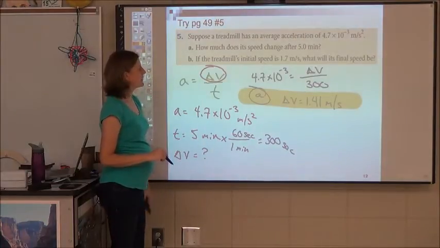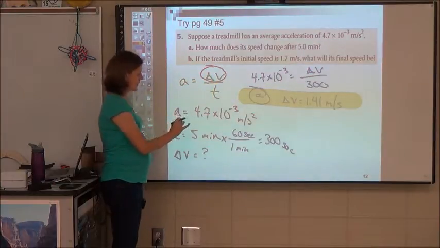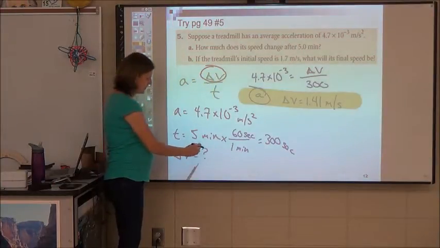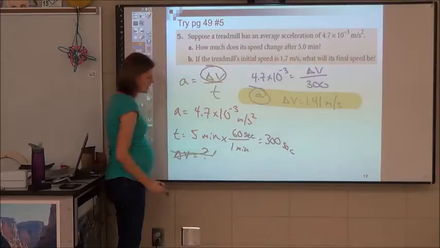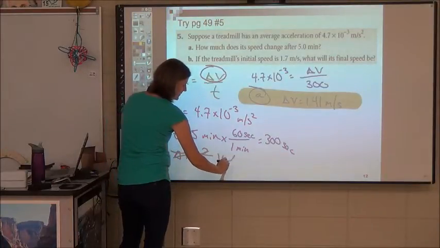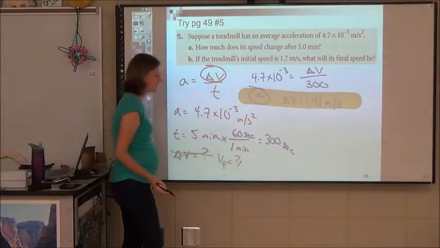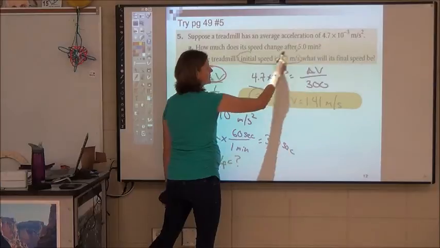Okay, part B. If the treadmill's initial speed is 1.7 meters per second, what will its final speed be? So same given information. I don't want change in velocity anymore. I want final velocity, VF, is question mark. And now I also know this initial speed is 1.7.